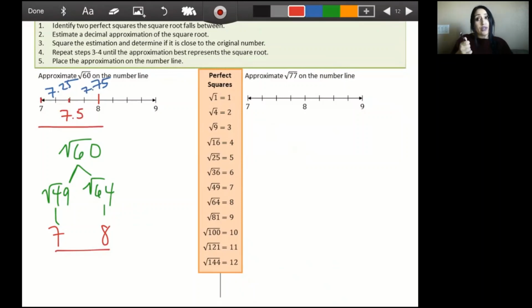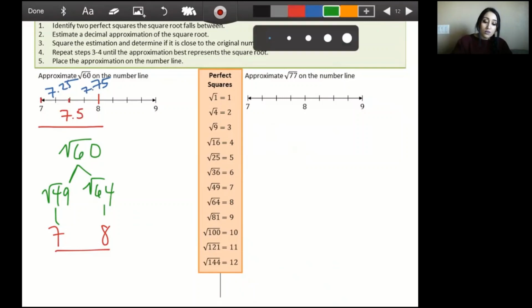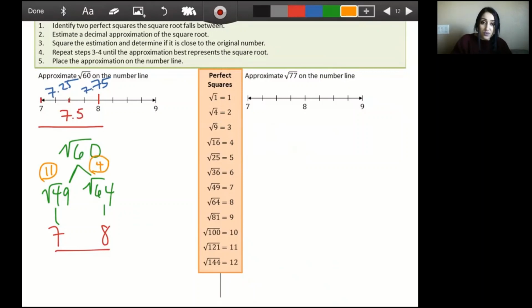It will not be in between 8 and 9 because that goes over the square root of 64. Now I know that 60 is 11 units away from 49, and 60 is 4 units away from 64. Because 60 is closer to 64, I know it has to fall somewhere in between 7.5 and the whole number 8.